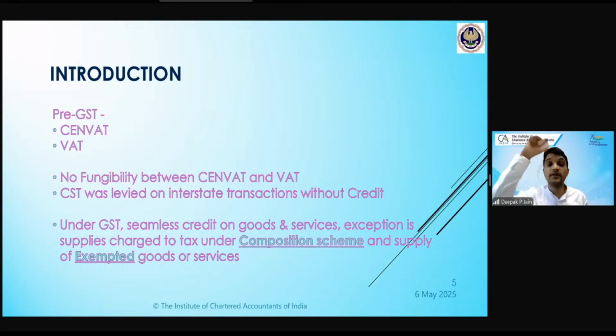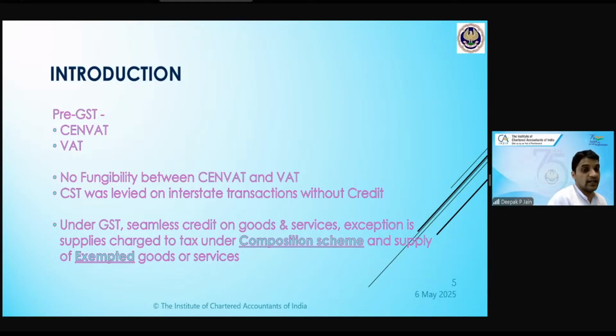And whatever purchases you make within the state, the supplier will charge state VAT, because on an intrastate transaction he will charge VAT, and on manufacturing of some goods and provision of services they used to charge excise duty or service tax. That combined was called SENVAT.